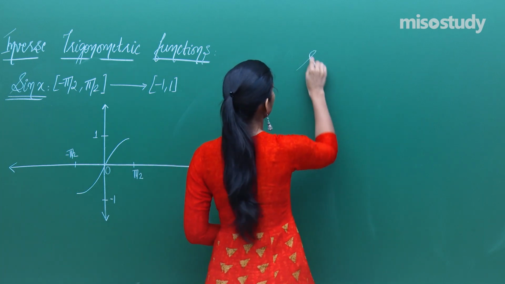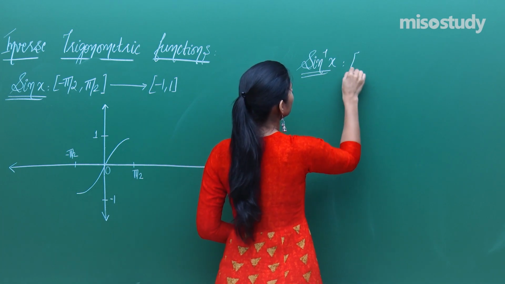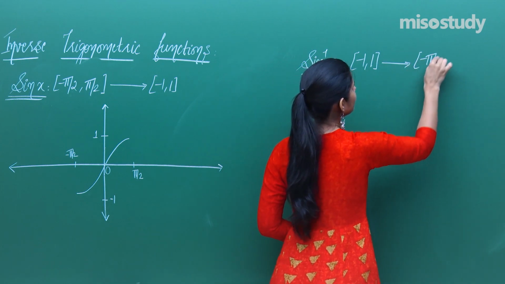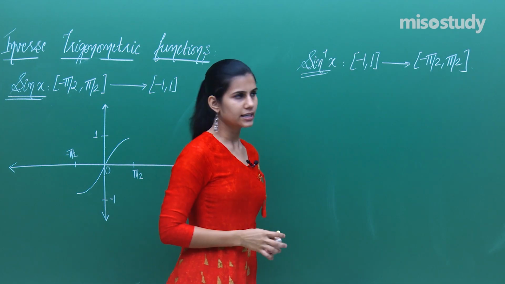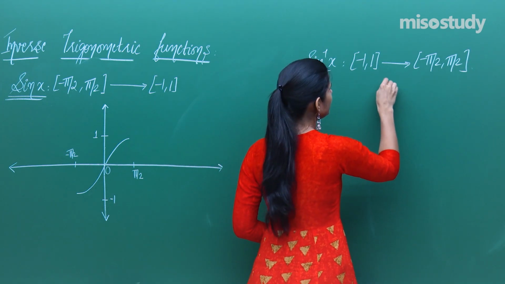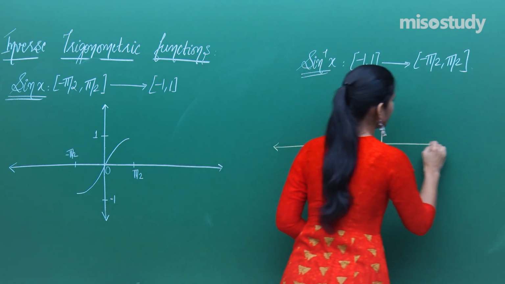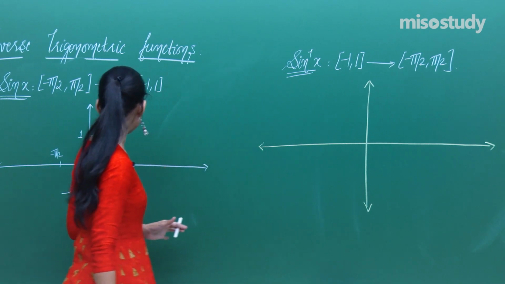I want the graph of sine inverse x, which I know is from the minus 1, 1 closed interval to minus pi by 2, pi by 2. How to get its graph? The domain will be the minus 1, 1 closed interval and the codomain will be minus pi by 2 to pi by 2. How to get the graph?